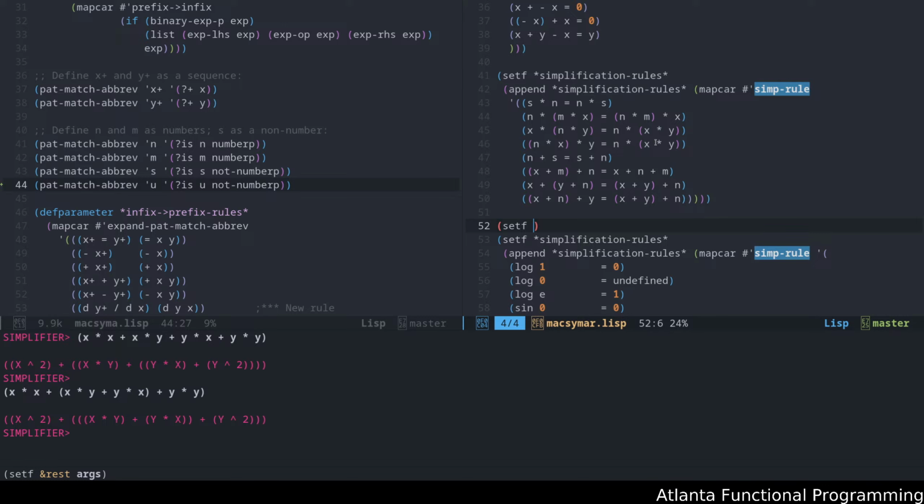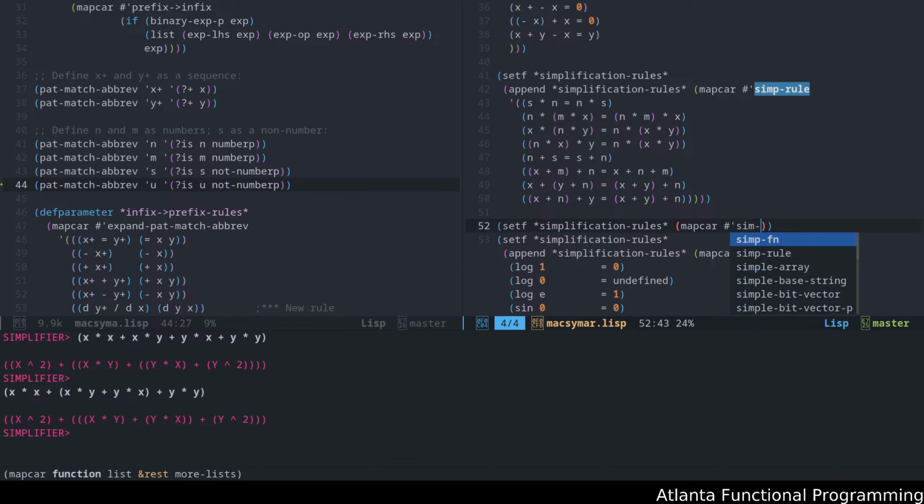But first, let's try and simplify this. Simplification rules. Map car. Even though we're just going to have one element here, we could add more symbolic conversions here. Simp rule. Do that.